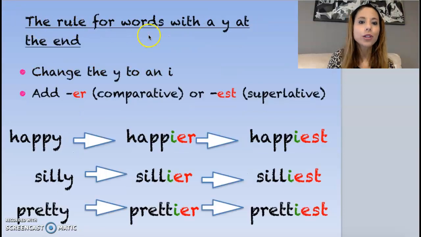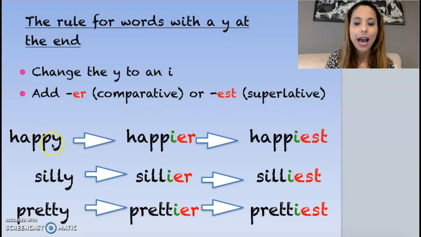The rule for words with a Y at the end, you need to change the Y to an I, and then add er for the comparative or est for the superlative.